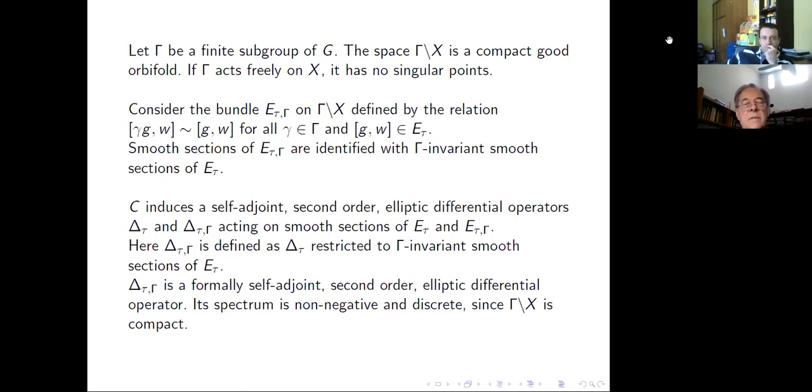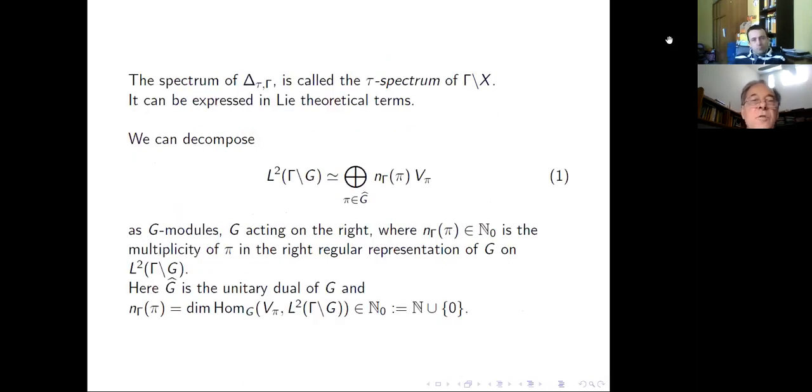And as I said already, delta tau gamma is defined as delta tau restricted to gamma-invariant smooth sections of E tau. So the spectrum of delta tau gamma is called the tau spectrum of X mod gamma. And it can be expressed in Lie theoretical terms. So how do we do this?